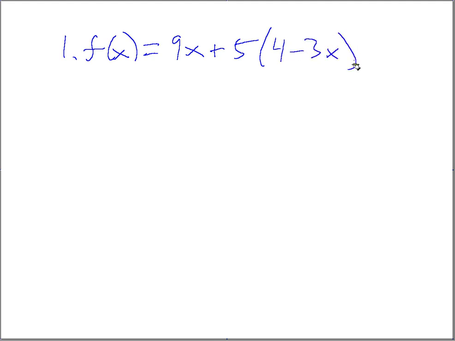Let's say I give you a function such as f of x equals 9x plus 5 times the quantity 4 minus 3x, all that to the 1/4 power. I just want you to find the domain.